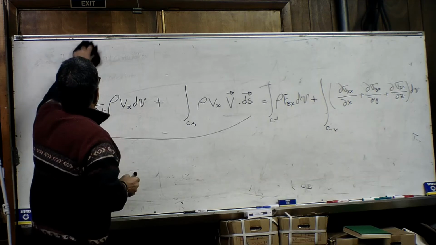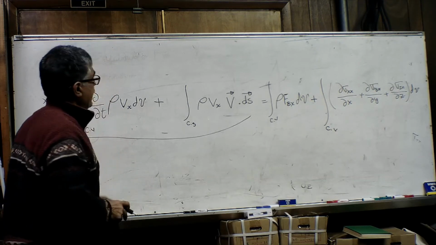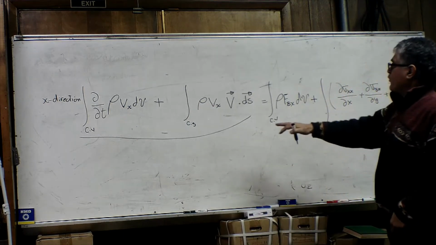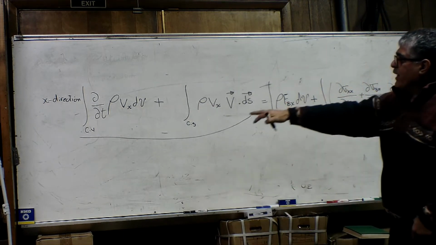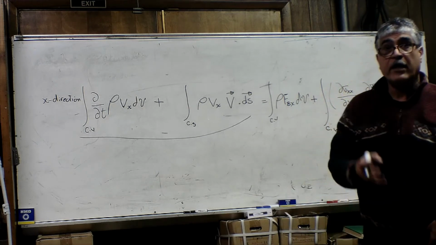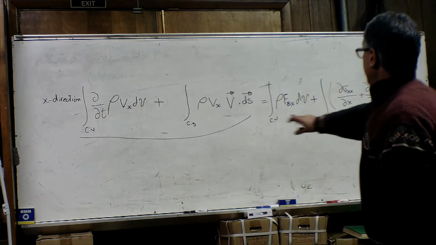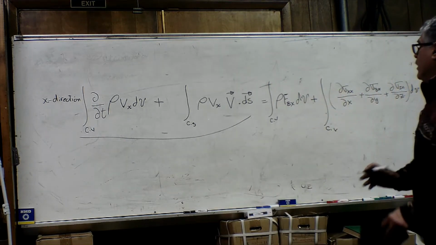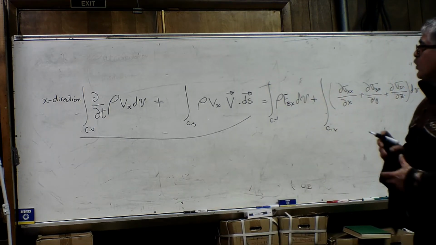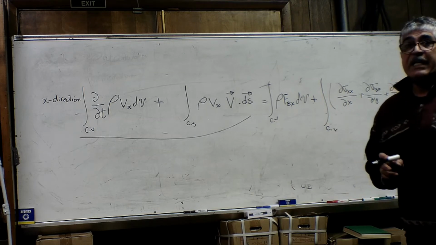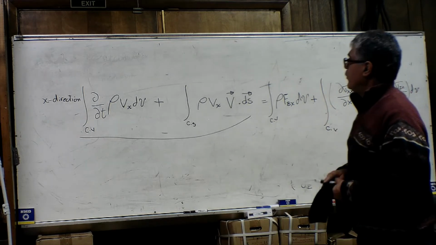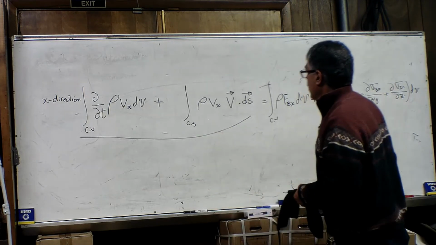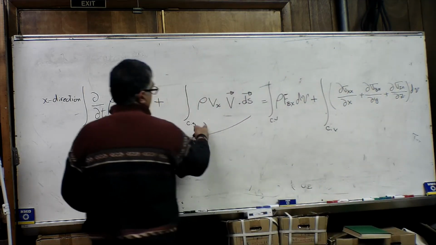Okay, before that, let's see. Now we got an equation with 4 integrals. One of the integrals is a surface integral, the other 3 are volume integrals. So in order for us to solve this, we can again use the Gauss Divergence Theorem and change this surface integral into a volume integral.